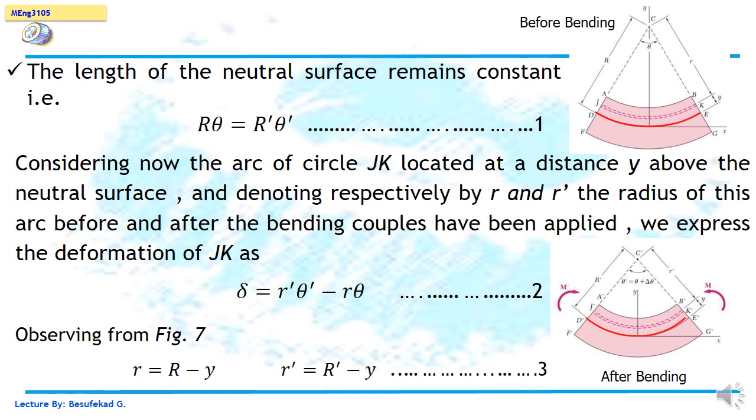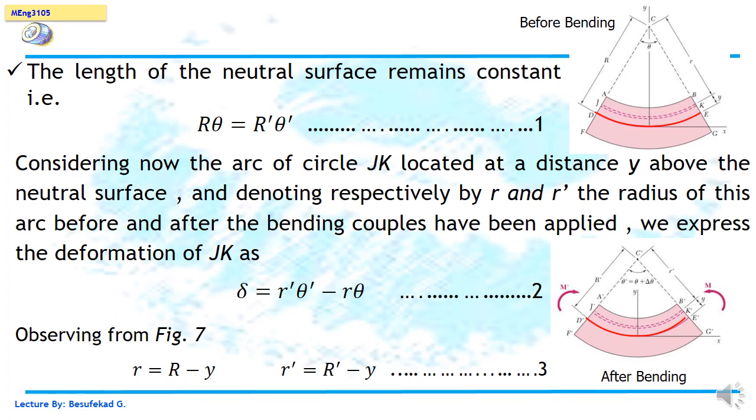Then after application of a load, it deforms, right? It's not a neutral surface, so it should deform by some amount. So this is equivalent to r prime theta prime. Now if I subtract one from the other, I get the deformation. Deformation is equivalent to r prime theta prime minus r theta.